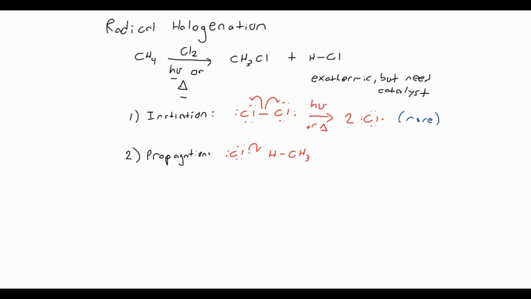And we could have this CH bond being broken, again homolytically, because we're dealing with radicals. And that radical chlorine will form a bond with the hydrogen. So that's going to make a CH3 radical. So remember, we've taken one of the electrons from the bond to make that radical, plus our HCl.